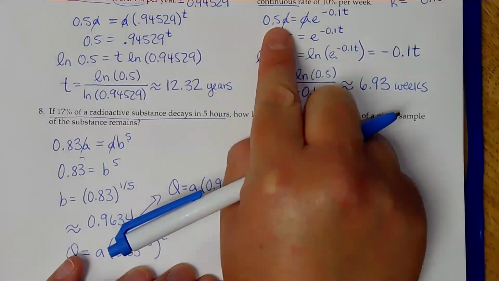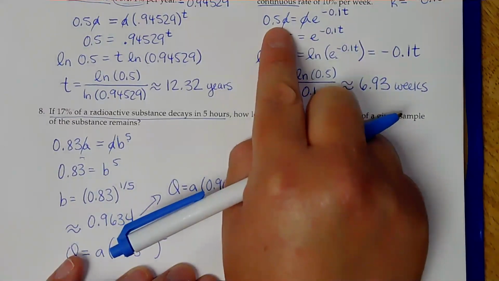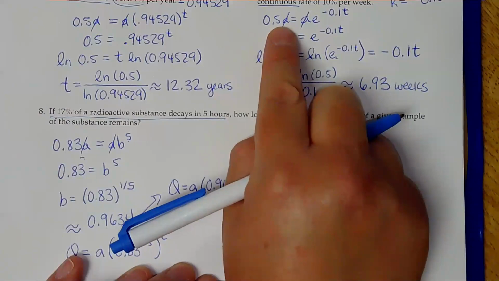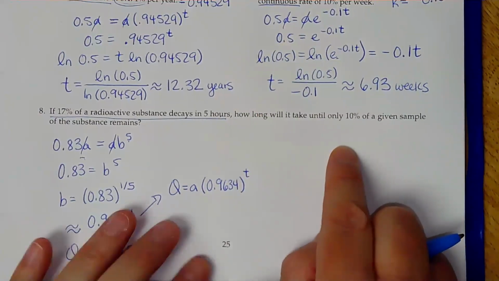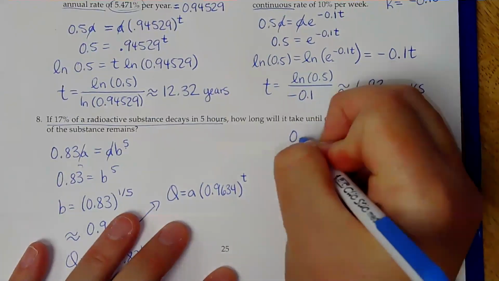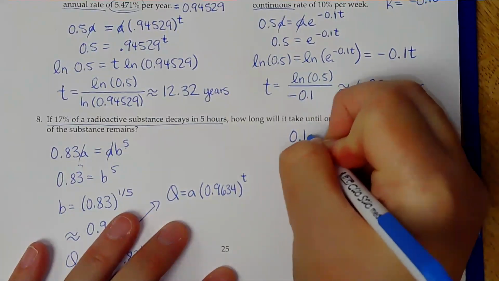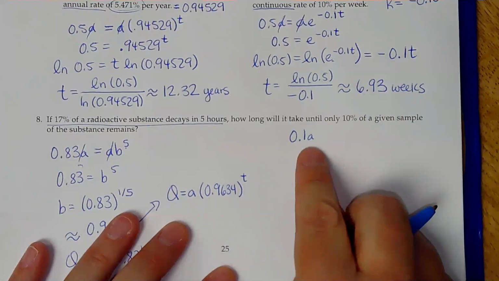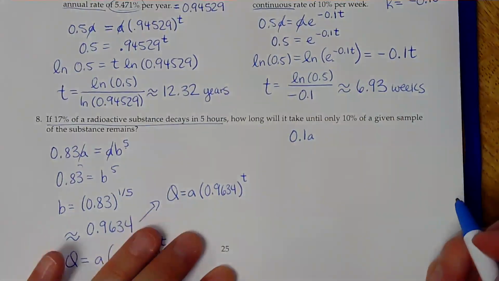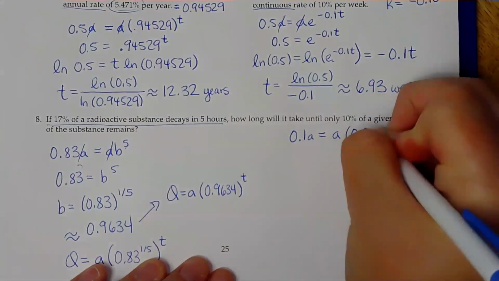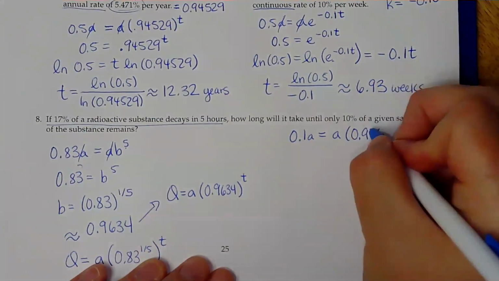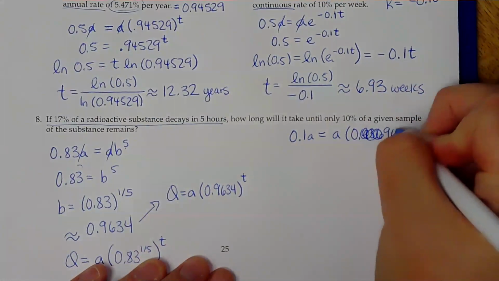So here we did half of it, so 50% remains, so 0.5. Here we want to know when we get down to just 10%. So instead of 0.5A, I'm going to use 0.1A, because that'll be our 10%. And that'll be equal to A times 0.9634 to the T.